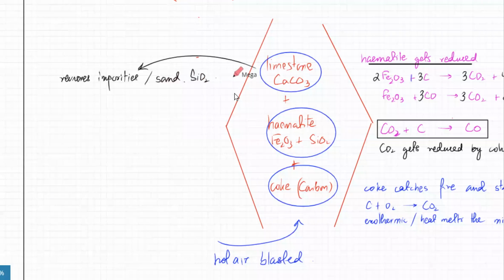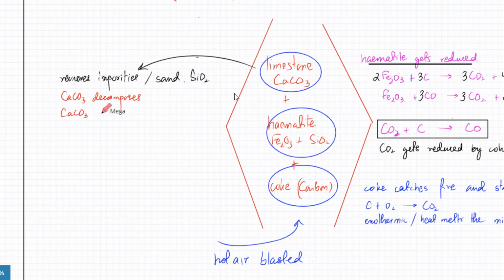So it removes that specific impurity. The carbonate first decomposes: CaCO3 decomposes to form CaO plus CO2.